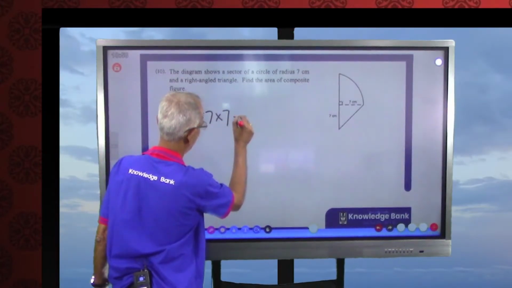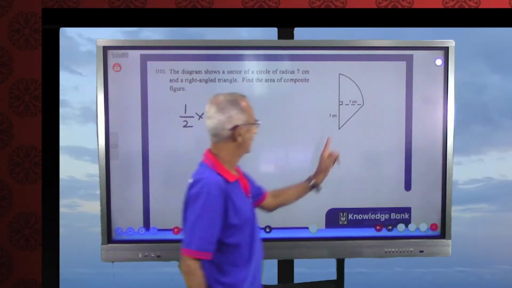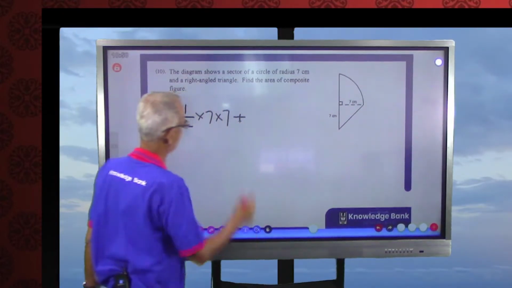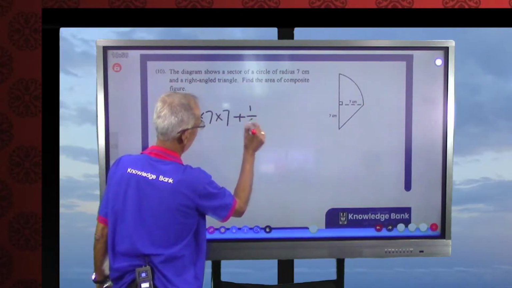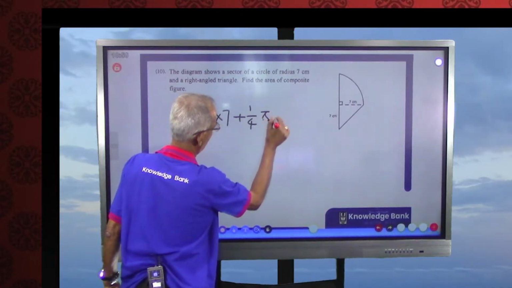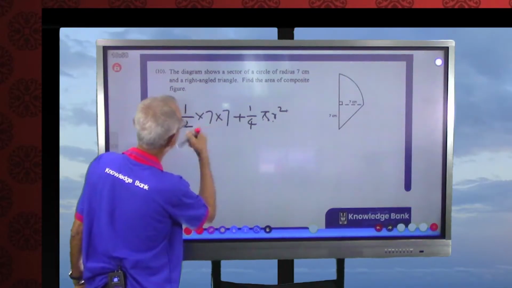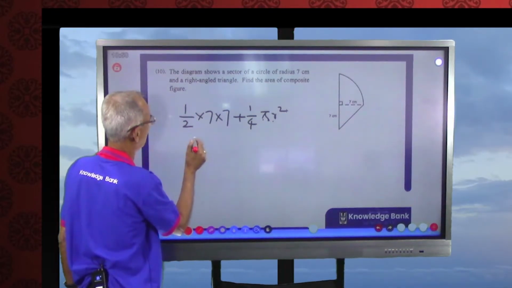This plus the area of the sector. The angle between the two radii is 90 degrees, therefore you can write 1/4 pi r squared. Then I will simplify this part. 7 into 7 is 49 over 2.